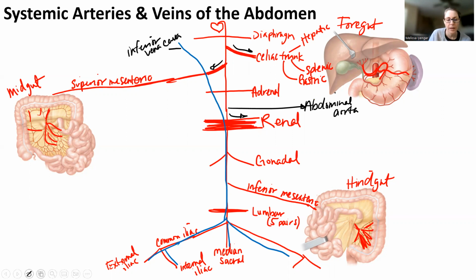Okay. Inferior vena cava, what we're going to see is there is basically a vein for almost every single one of these arteries if they're paired. So we have 5 sets of lumbar. Actually, lumbar is really weird, but we're going to go with it. You're going to have a lumbar vein, gonadal veins, and a renal vein.